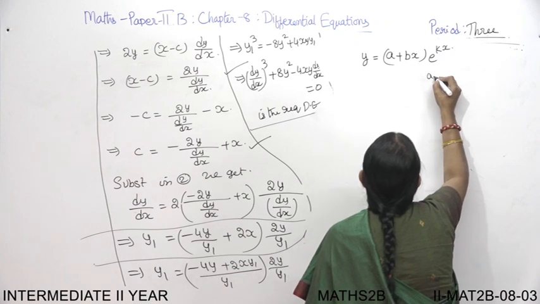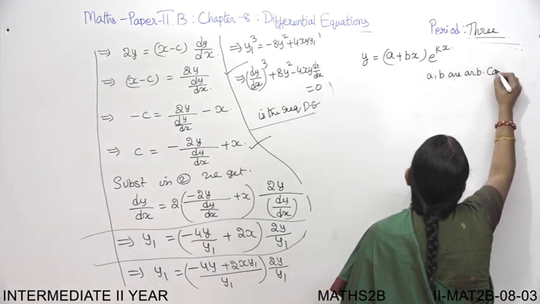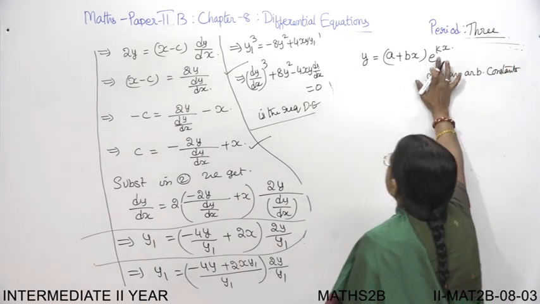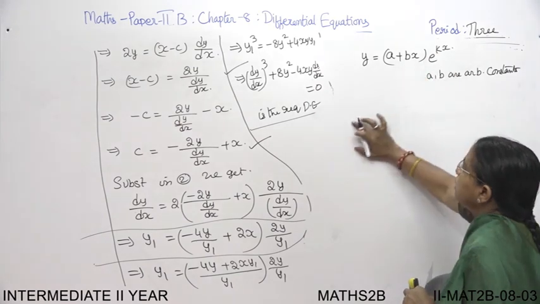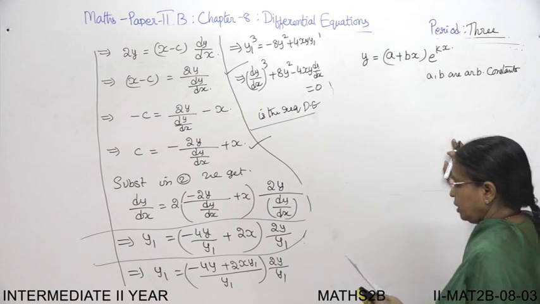Here only a, b are parameters. A, b are arbitrary constants. So that means k is not a parameter. You can have k in the differential equation, but you should not have a and b in the differential equation.